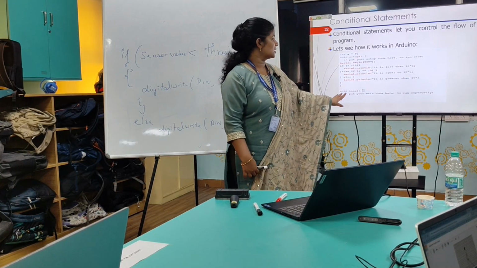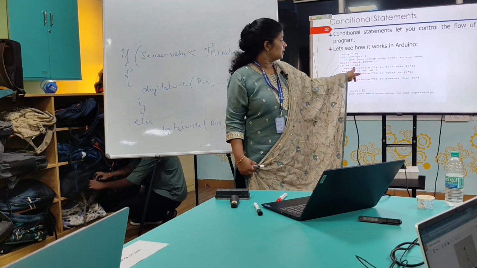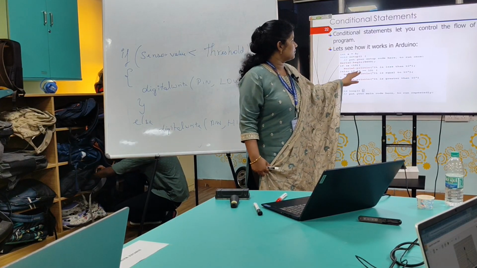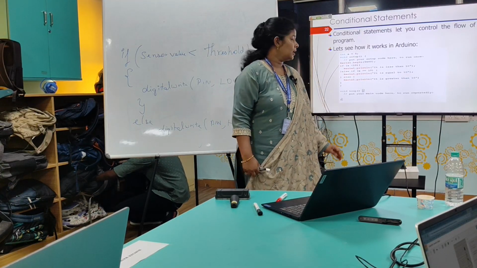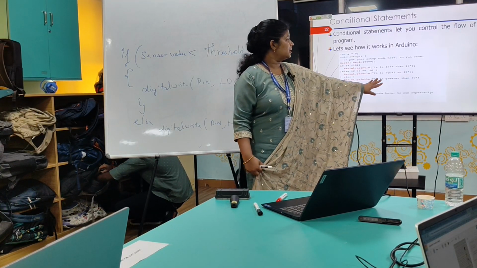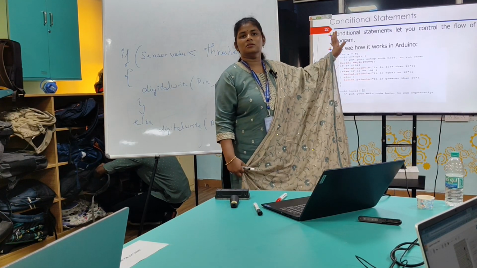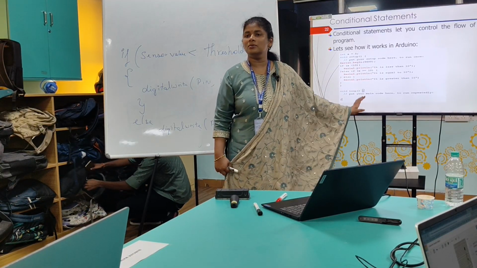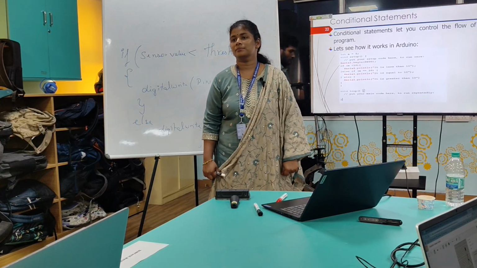Then in this if-else construct, if a is less than 10, print the statement that it is less than 10. Else if a is equal to 10, print the statement that it is equal to 10. Else print that it is greater than 10. You can do it as it is, or you can write your own code also. I just want you all to try the if-else construct along with the serial monitor.